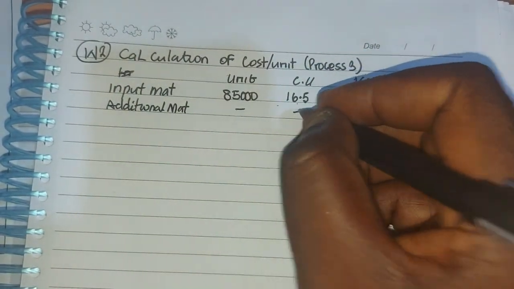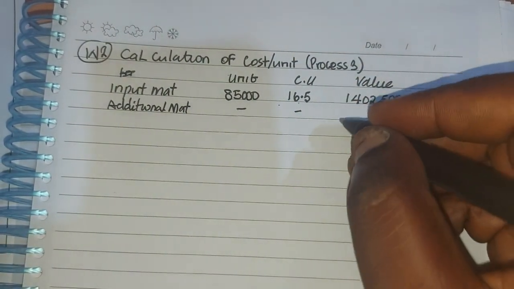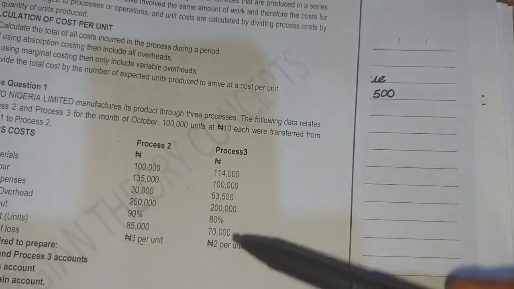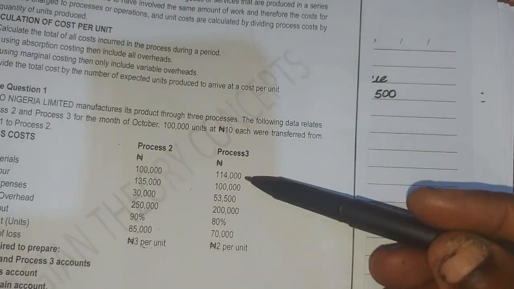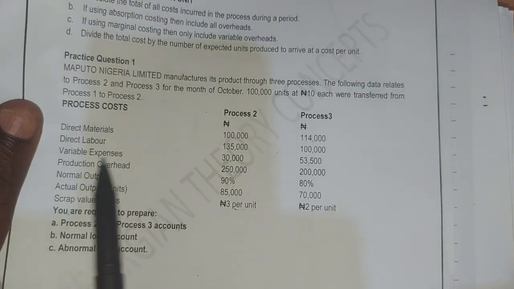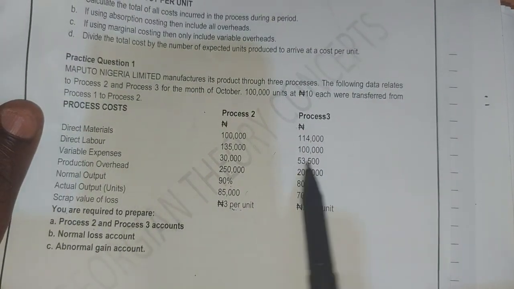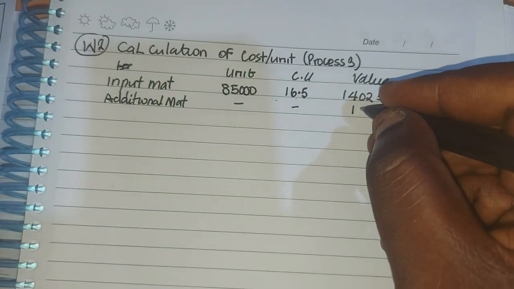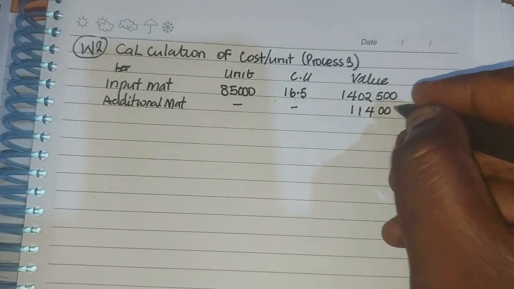Okay, then we have additional material. Put dash. The additional material from process 3 is 114,000. Okay, you need to bring all this into the solution: the direct labor, variable expenses, production overhead for process 3. So let's go. We have 114,000.